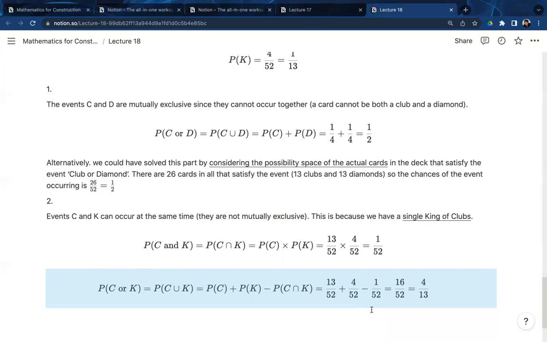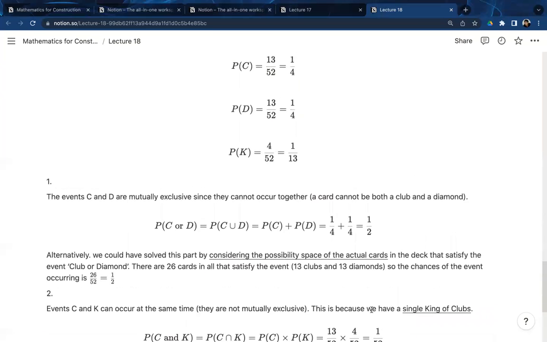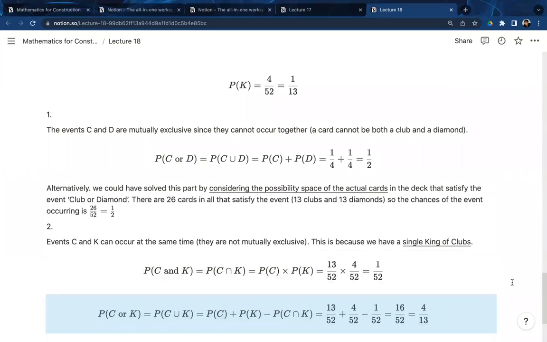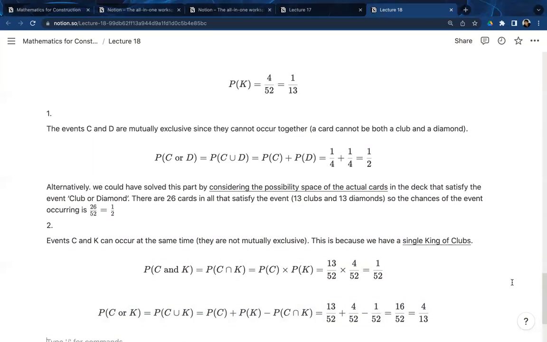If I tell you, pick a single card, and if it's a king or if it's a club, I'm giving you money. Well, how many cards are kings or clubs? There are only 16 of them in the deck. But if you didn't want to think about a problem like that, you could use these formulas and it would work. But just understand that the formulas are not a substitute for understanding the mathematics, what's going on.